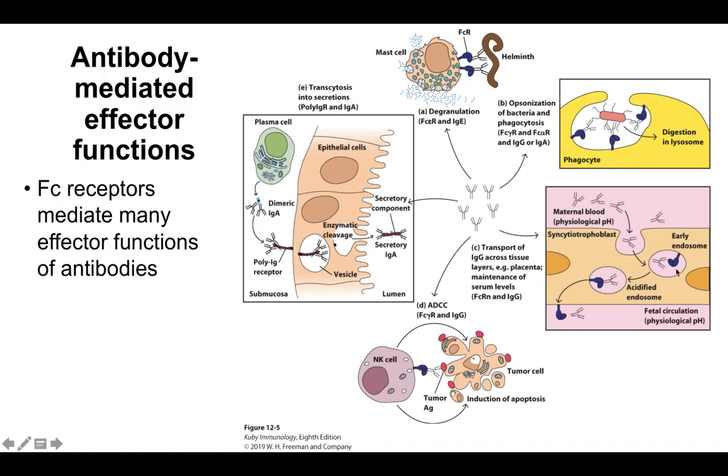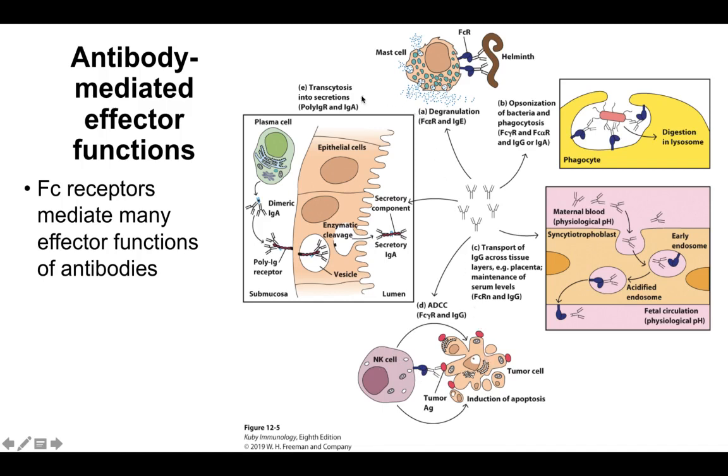You can also get the movement of immunoglobulins, and one location is in the placenta. As an example, IgG can go through the placenta through being transported with the help of Fc receptors. You can have the killing of cells that are infected through antibody-dependent cell-mediated cytotoxicity, and how the antibody bound to this Fc receptor then induces this natural killer to kill this cell.